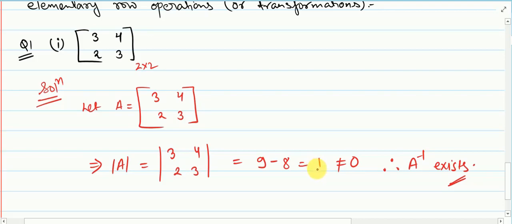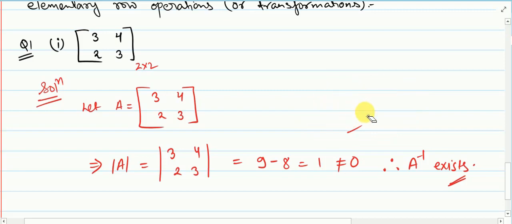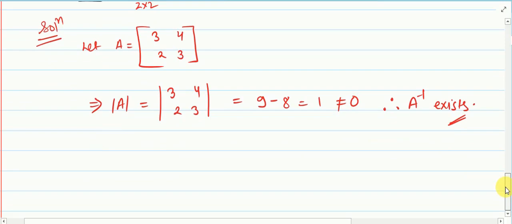Here we are not supposed to use this formula, because they have already mentioned what we are supposed to do. We need to do elementary row operations on this matrix to get its inverse. So firstly we check whether it will have an inverse or not.